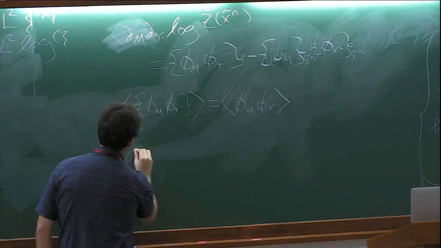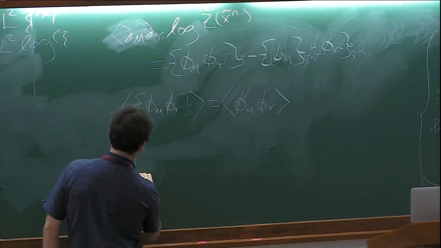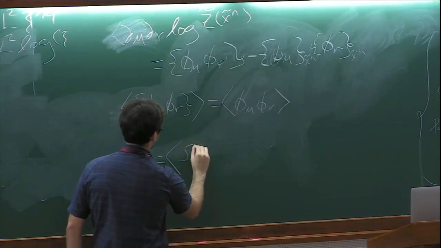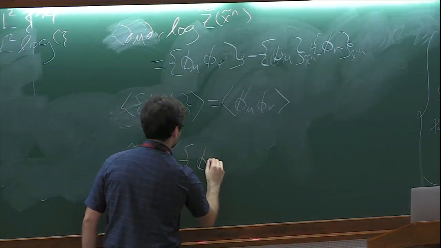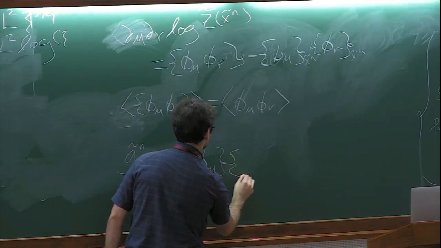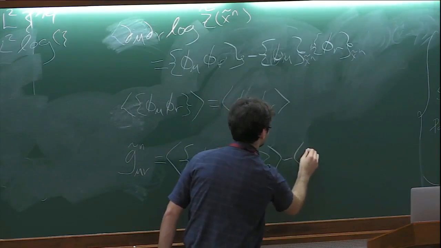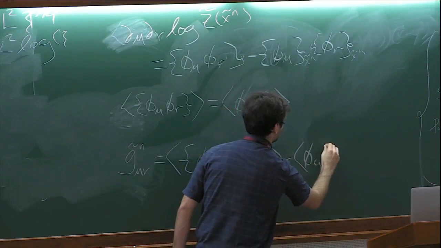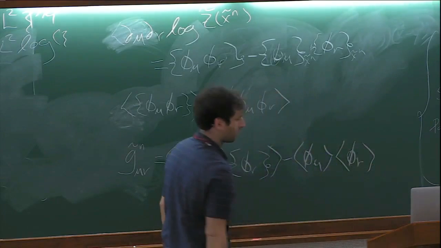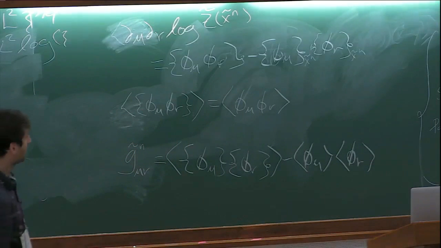And in fact, g tilde_n mu nu I can write as the connected correlation of phi mu and phi nu. Can you guys see this over here?